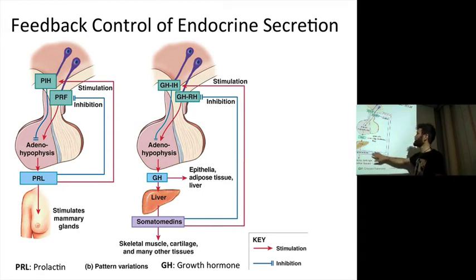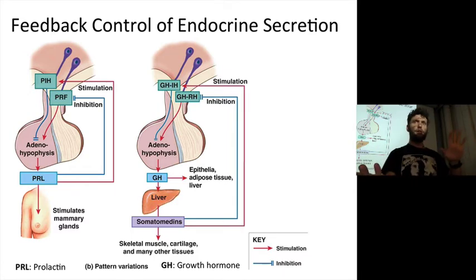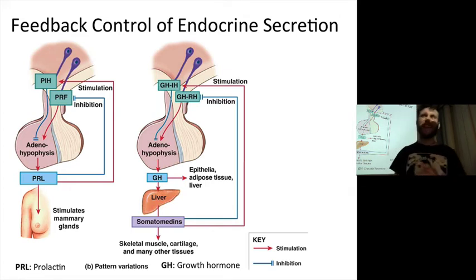And these somatomedins then do feedback and have an effect only on the releasing hormone, the inhibition of the releasing hormone, and the stimulation of the inhibitory hormone. So there is a sort of balance there between them. Okay? This is a steady state.